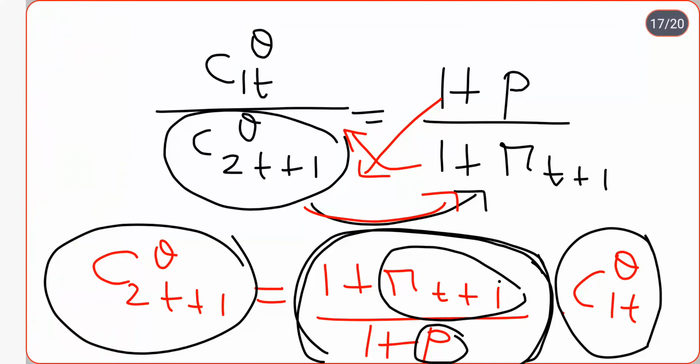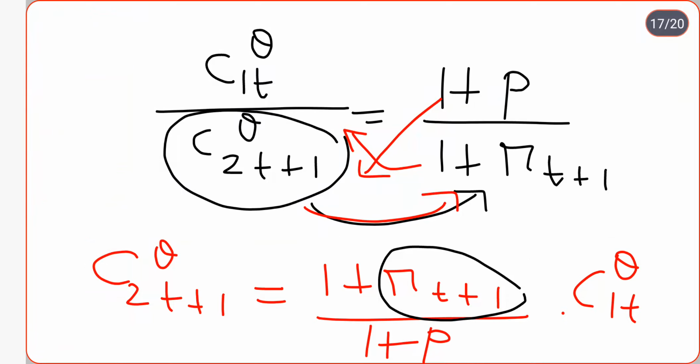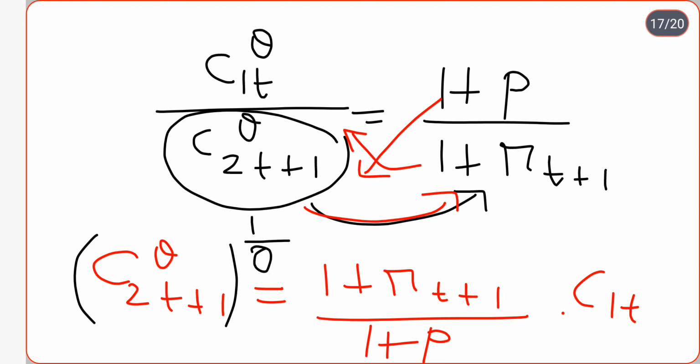So we can do a simple operation for that. If we take the exponential of 1 by theta of c2t plus 1 to the power theta, then this theta and this theta will be opted out, and we will get the value of c2t plus 1.